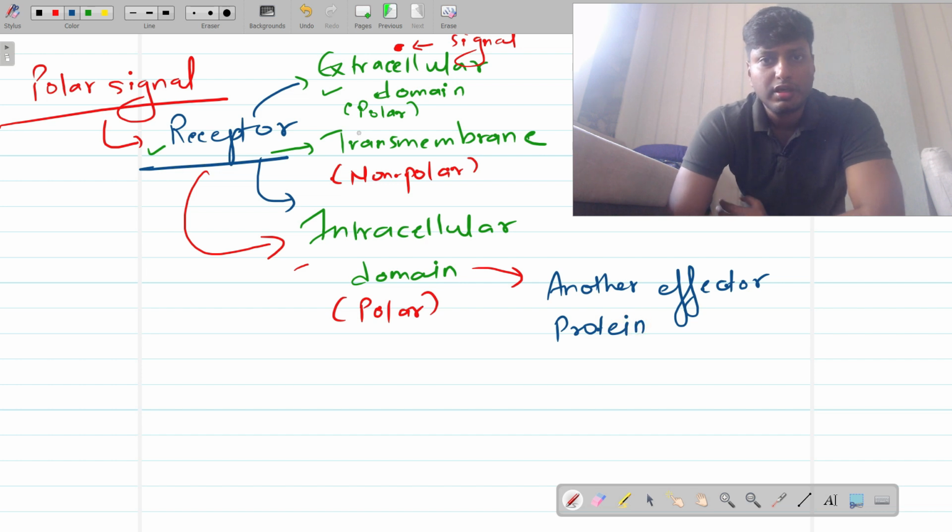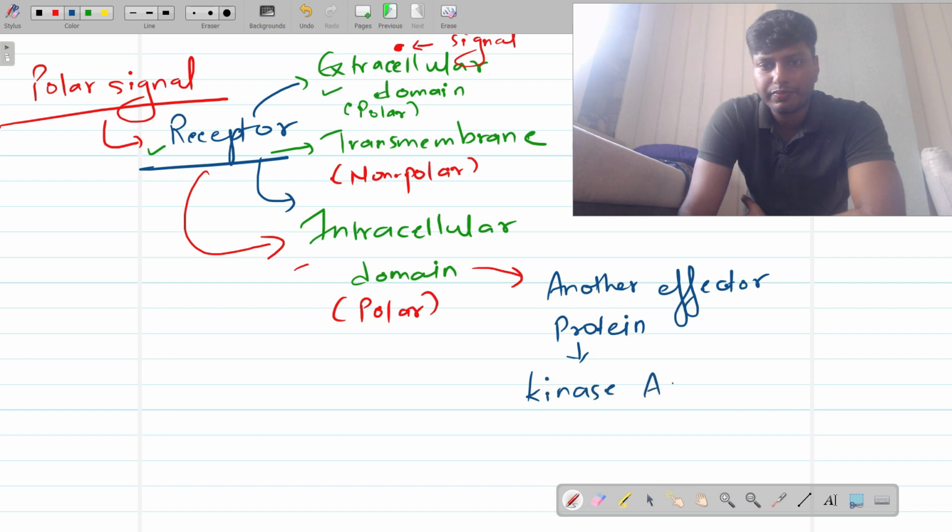So let me repeat that once the extracellular domain of the receptor is activated with the help of a signal, this leads to the activation of the intracellular domain which is present inside the cell. Now this intracellular domain of the receptor consists of another effector protein which is often having a kinase activity. So this is very important.